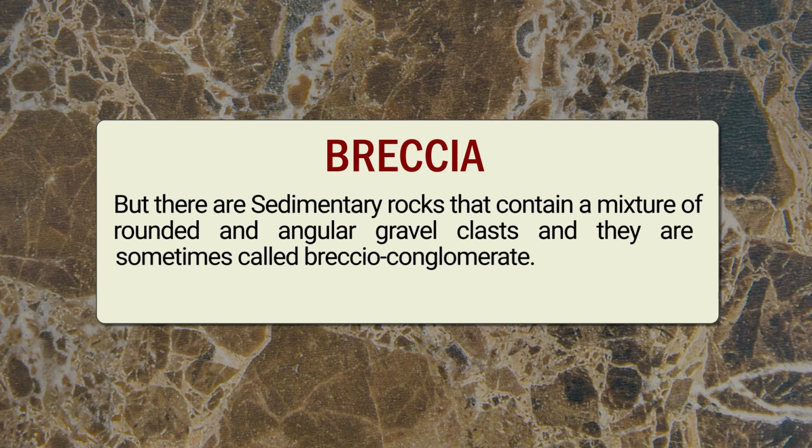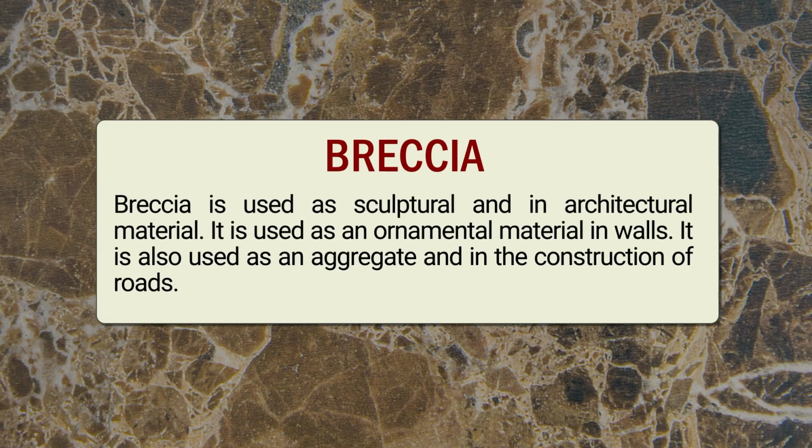But there are sedimentary rocks that contain a mixture of rounded and angular gravel clasts, and they are sometimes called breccio-conglomerate. Breccia is also used as a sculptural and architectural material, as an ornamental material in walls, and as an aggregate in the construction of roads.